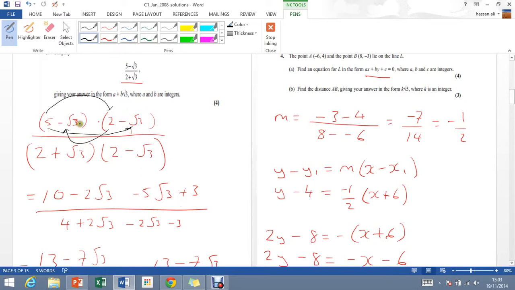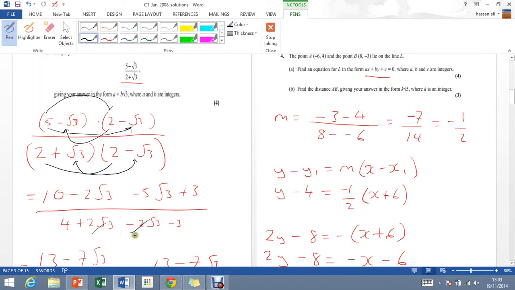And remember, 2 roots with the same number will give you the number inside the root, because 2 minuses make a plus, and root 3 times root 3 gives you 3. Over here, same thing, 2 times 2 is 4, plus 2 root 3, minus 2 root 3, and then minus 3. Now these two cancel out.